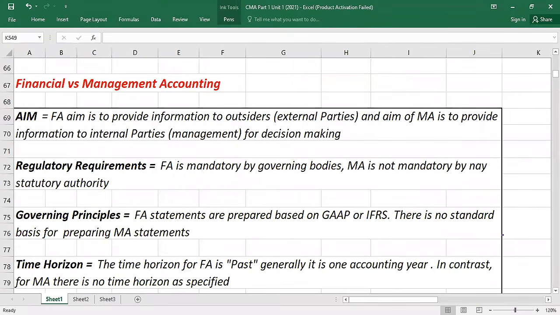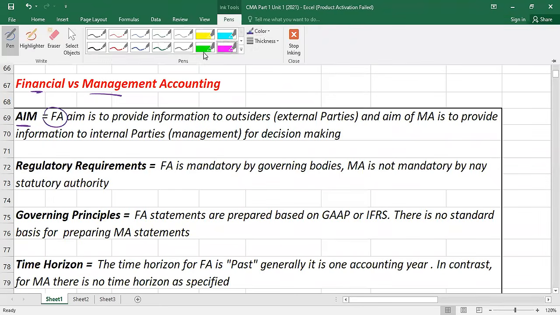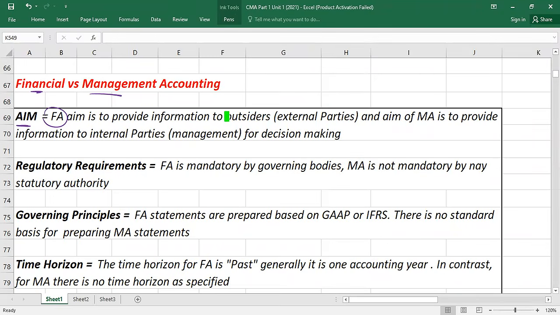Now here we have a basic introduction of financial accounting, because accounting has two branches: financial accounting, and second, management accounting. What's the difference? Number one, aim. Financial accounting's purpose is to provide information to whom?